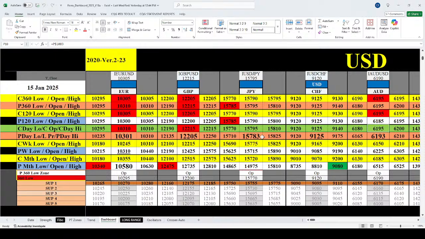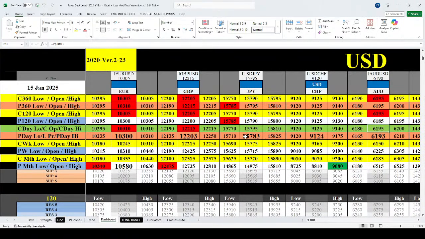So here, right now the market is trading at 157.83, and current high is 158.10, lower than the previous day high, and is near the current low, and previous day low is 157.10. So this is a cautious game. We should be exiting before 157.10, and we should expect that 157.70 to break.